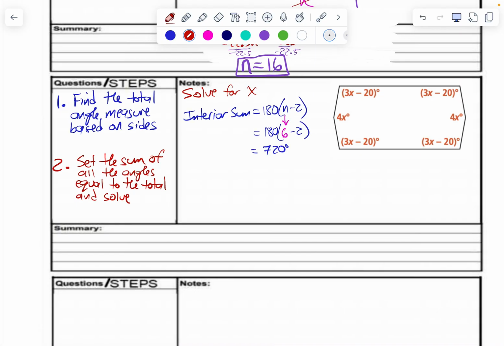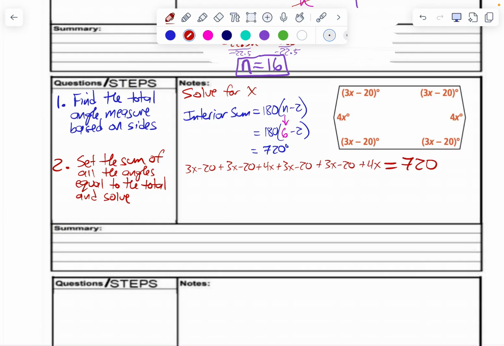So the sum of all these angles looks like this: 3x minus 20 plus 3x minus 20 plus 4x plus 3x minus 20 plus 3x minus 20 plus 4x equals 720. That's what we just calculated, that it should have a total of 720 degrees.